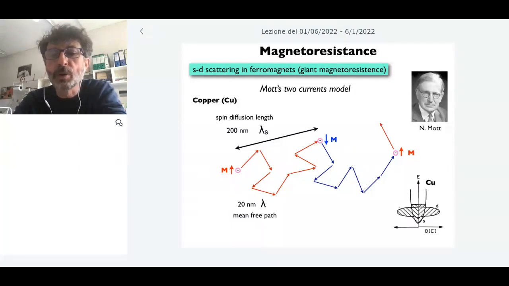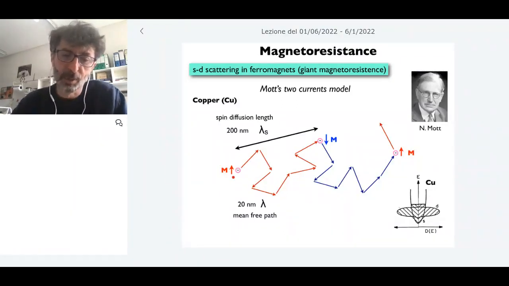Because, following Mott, electrons change direction every mean free path, every lambda, but they do not very often change spin. They can change the direction where they diffuse, but before they change spin, they stay in magnetization up or magnetization down.